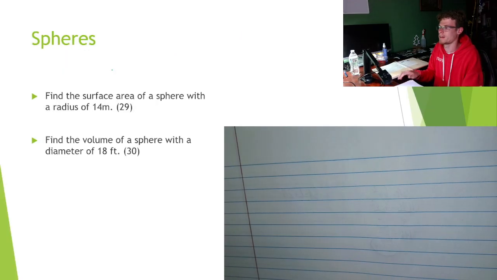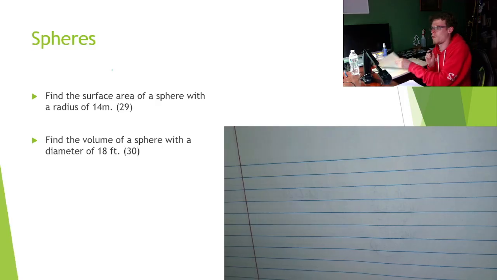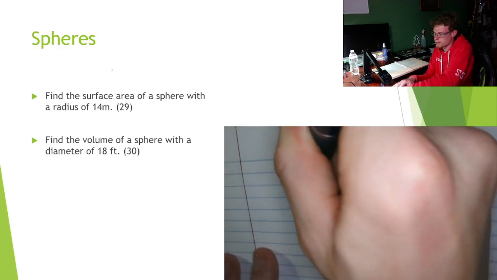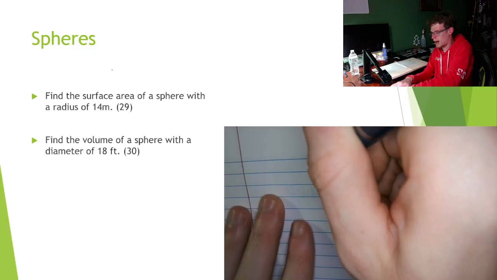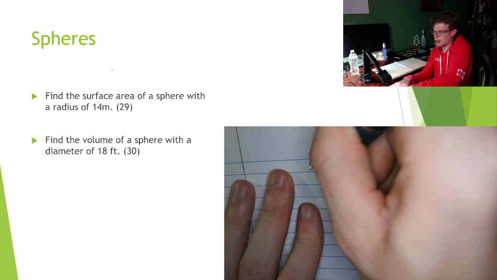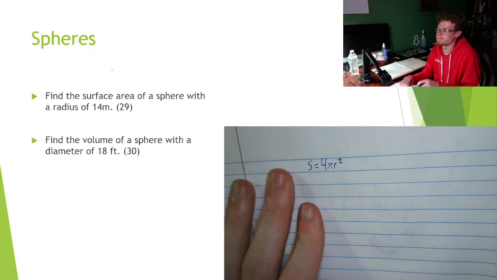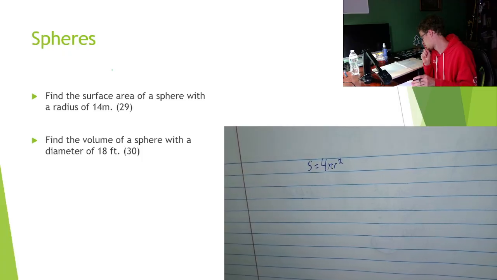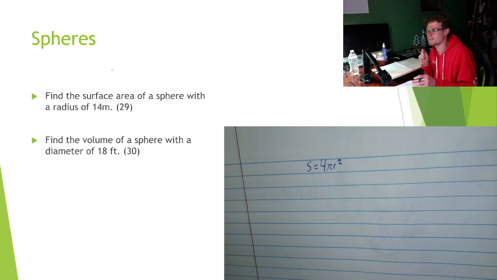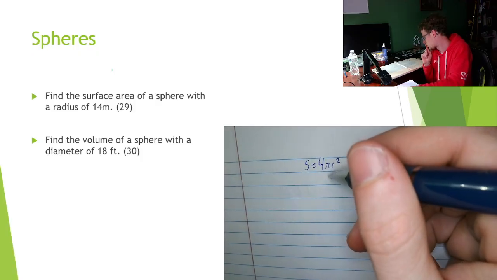Spheres. Spheres have their own unique little formulas. If we're looking for the surface area of a sphere with a radius of 14 centimeters, the way we find surface area of a sphere is 4 pi r squared.